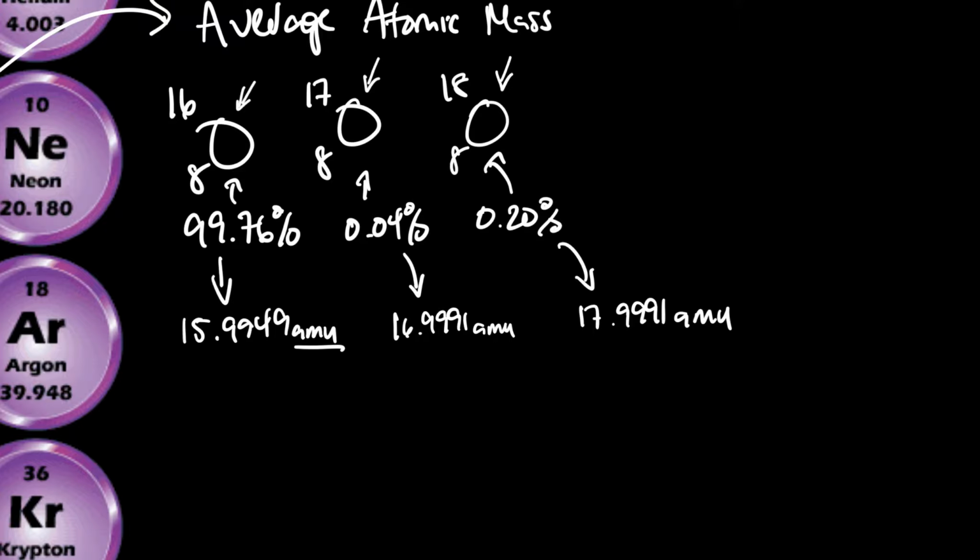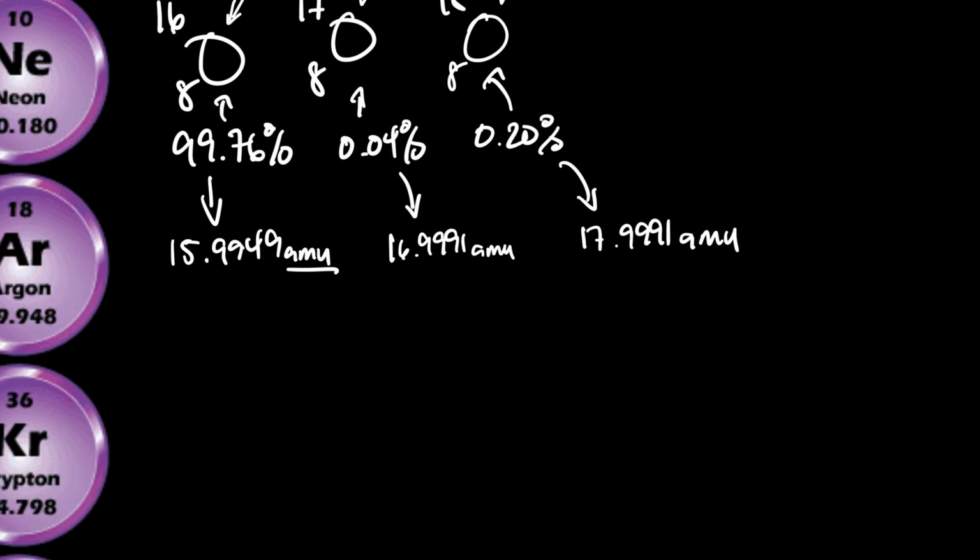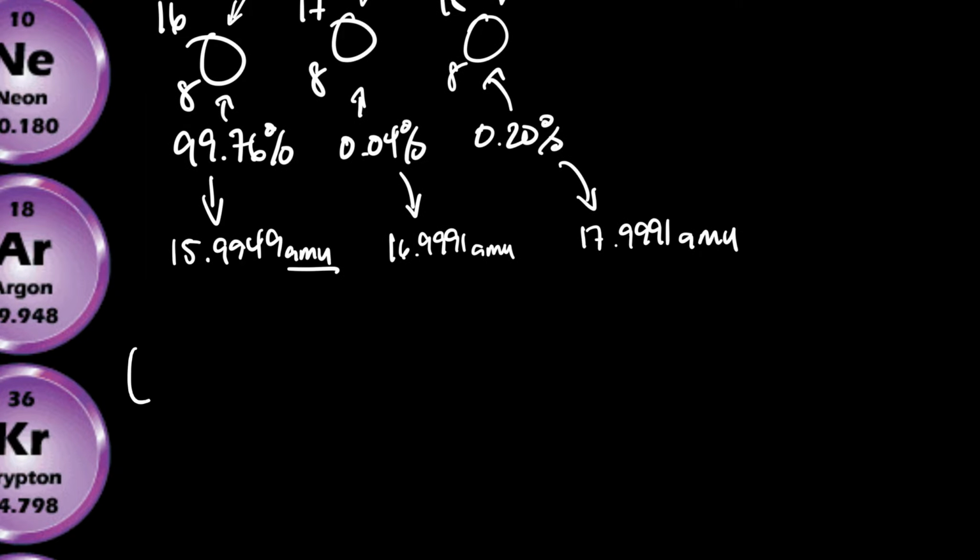Now I want to calculate the average atomic mass of oxygen. I'm going to take my first isotope, oxygen 16, and take its mass, 15.9949, and multiply it by the decimal version of the percent abundance.